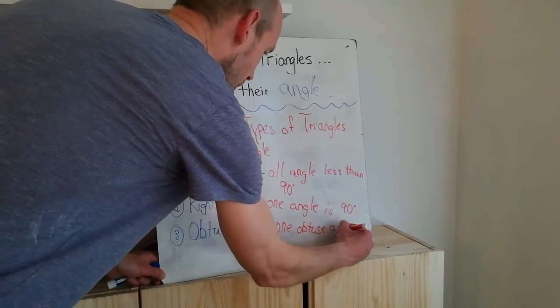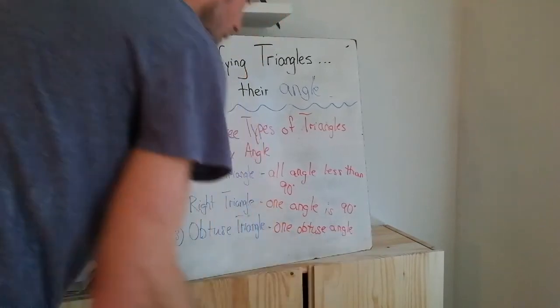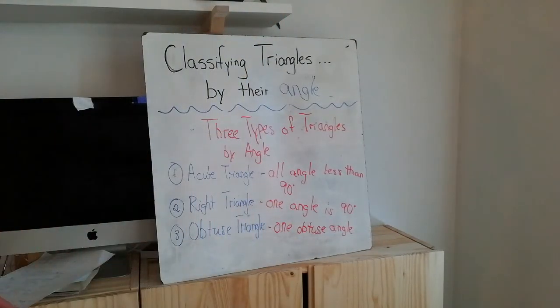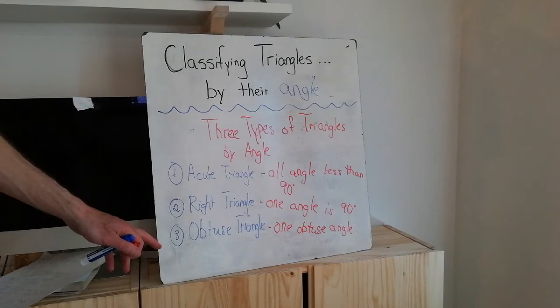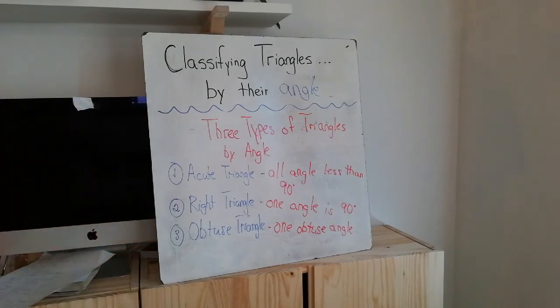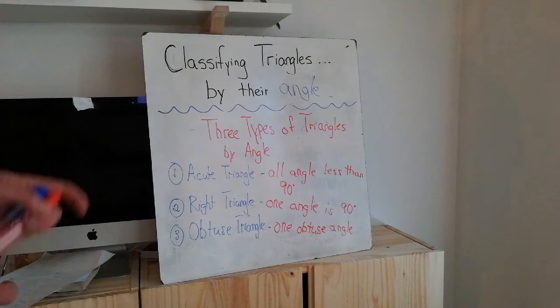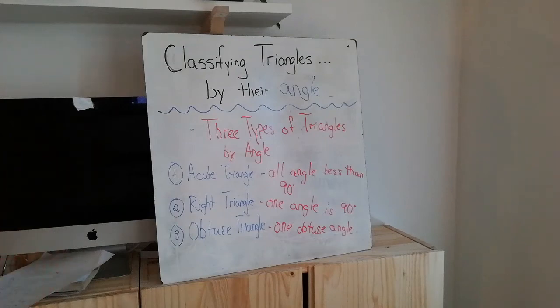So one angle bigger than 90. Okay, so that's how you classify each of the three types of triangles by their angles. So an acute triangle, all angles are less than 90. Right triangle, one angle is exactly 90. Obtuse triangle, one obtuse angle.